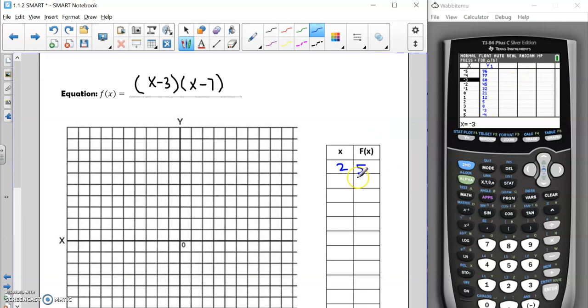We've got 3, 0. 4, -3. 5, -4. 6, -3. 7, 0. 8, 5.